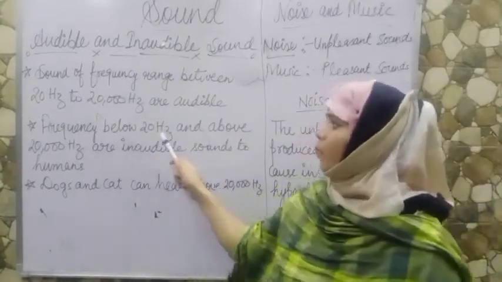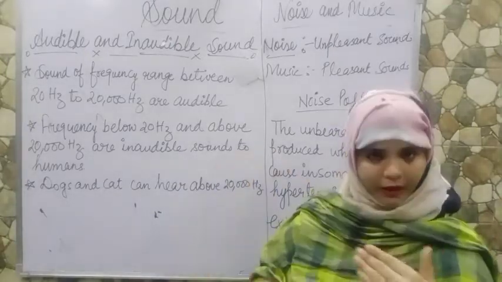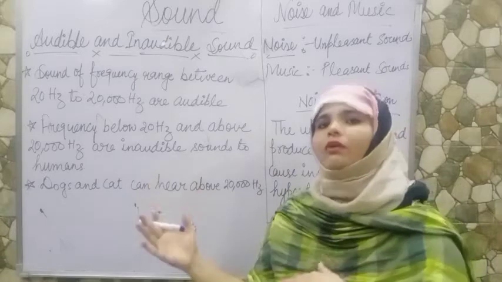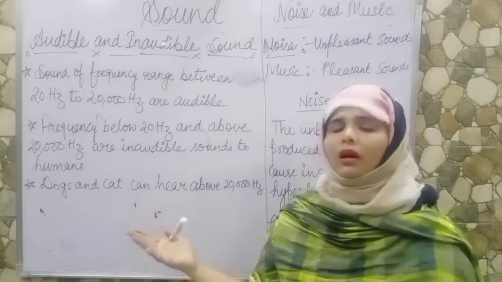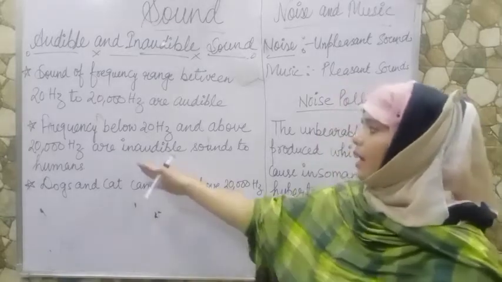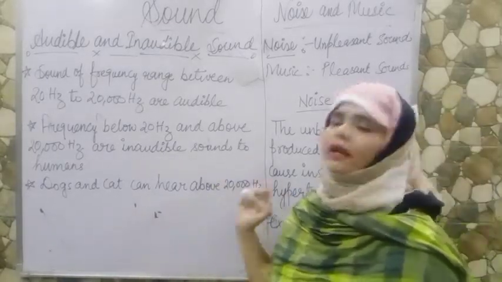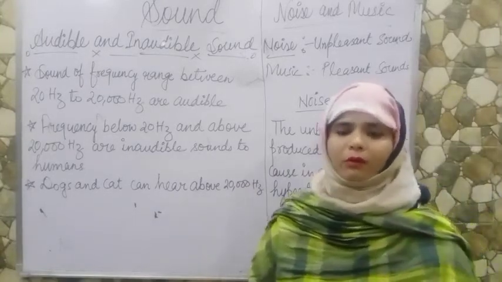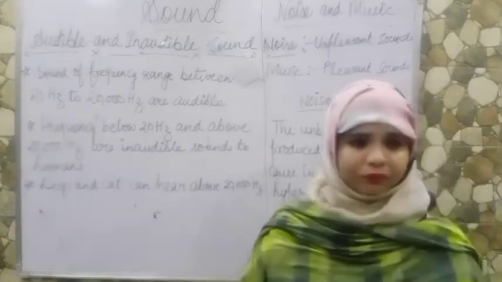Frequencies below 20 Hertz and above 20,000 Hertz, because our range is 20 to 20,000 Hertz, are inaudible sounds to humans. Although dogs and cats can hear above 20,000 Hertz. Dogs and some other animals have the quality that they can hear above 20,000 Hertz.